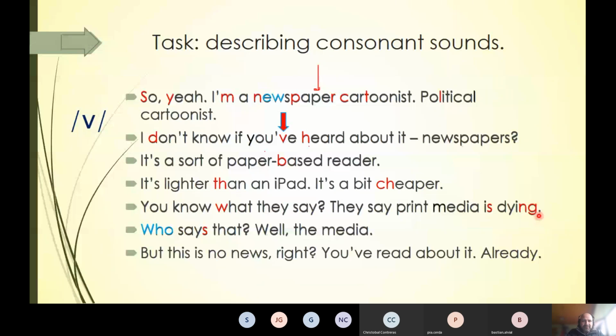Now, from the ones that are still left, from hurt to dying, which one do you think are voiced? Base. Based, yes. Any other? So yes, this is voiced, but there are more voiced sounds here.